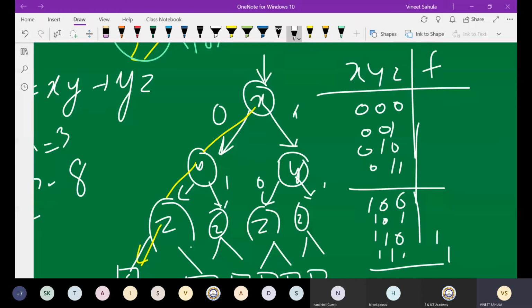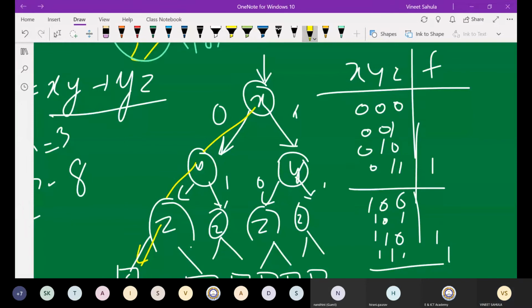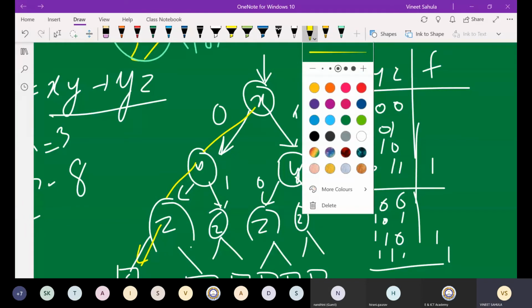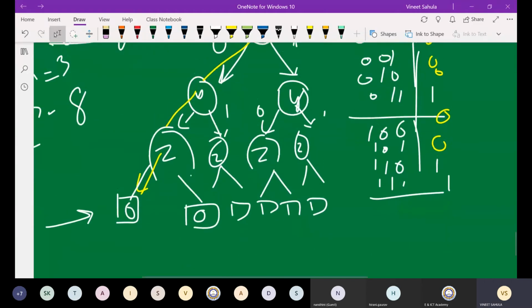It is x prime yz is 1 here and xyz, which is the same here. So from this function, I could infer the truth table, right? This is the truth table. So it has 5 zeros and 3 ones. In fact, this BDD will contain the same information, right? These 0101 will be filled up here.